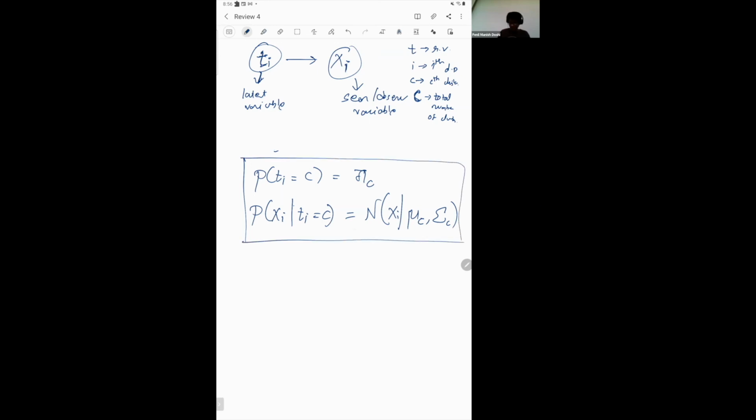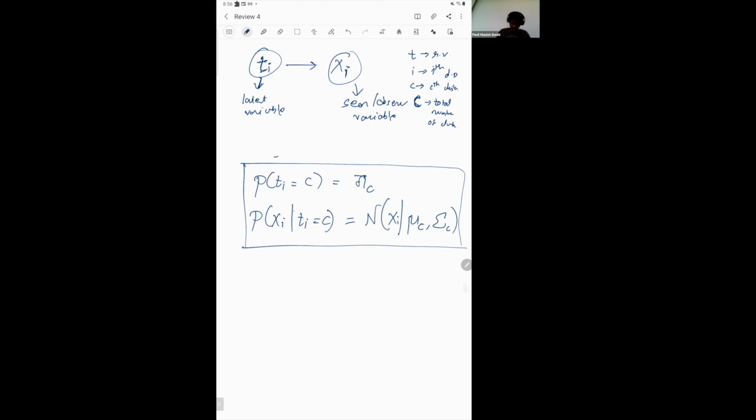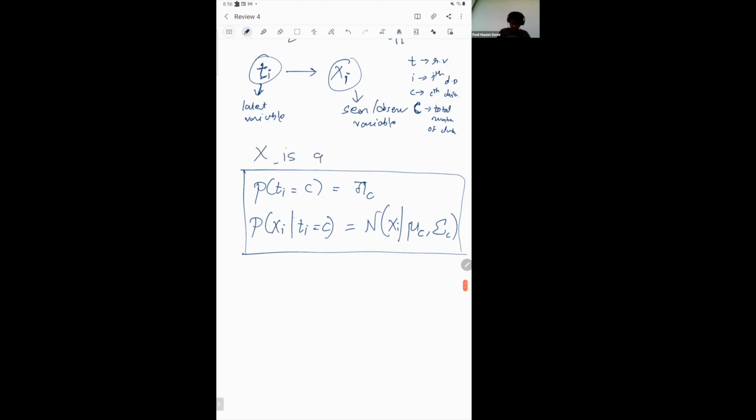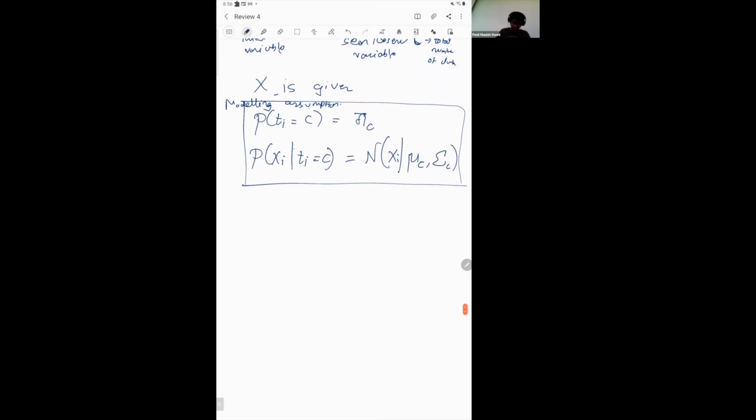This is what defines our Gaussian mixture model right now. X is given, and these are modeling assumptions.